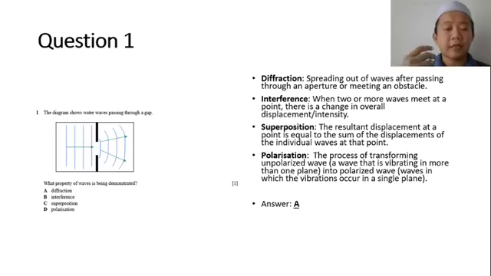What does that mean? An original wave that is vibrating in more than one plane, in one direction. The example we took the other day was electric and magnetic fields. Then we go through a polarization process with a polarization slit, so it will only vibrate in a single plane. So for this question, the answer is A.